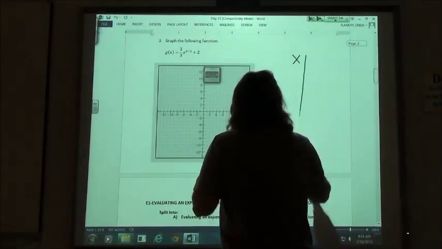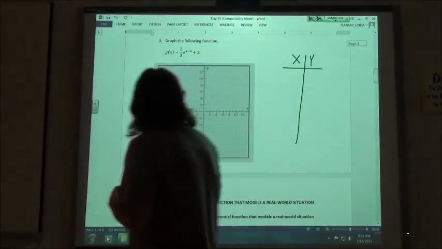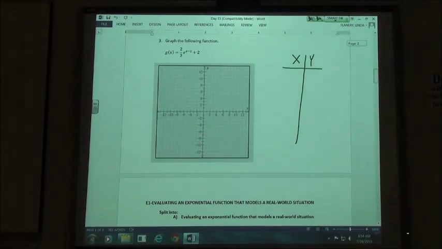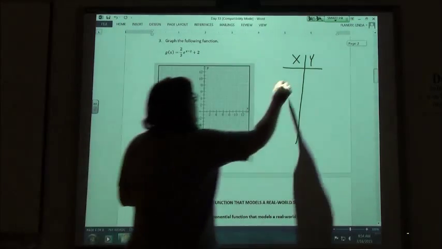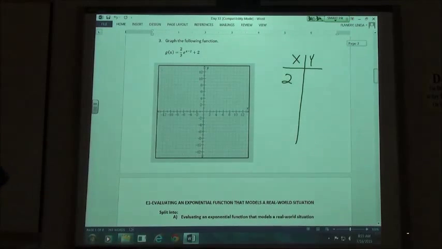So on the third one, our first x value would be at 2. And if we put 2 in for x, we would get 2 2/3, exactly.